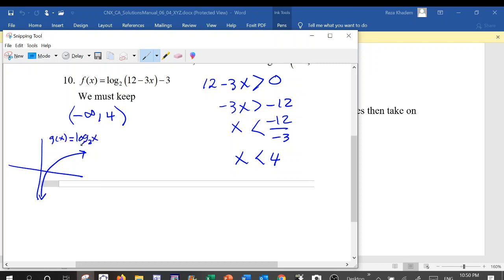So what are the transformations that are happening here? Well, if you have a point here, a and g of a, we know the y is just, what? Subtract 3 from it. That's it. So g of a minus 3.